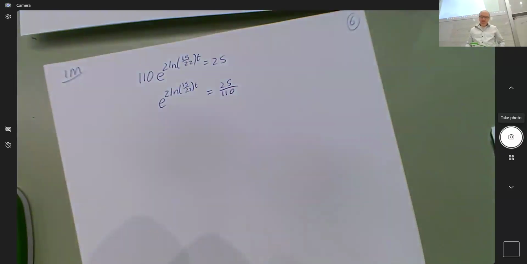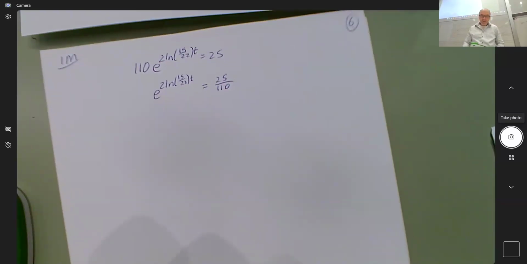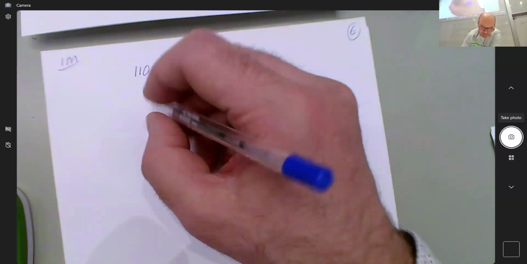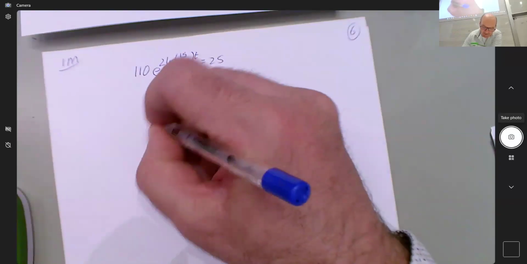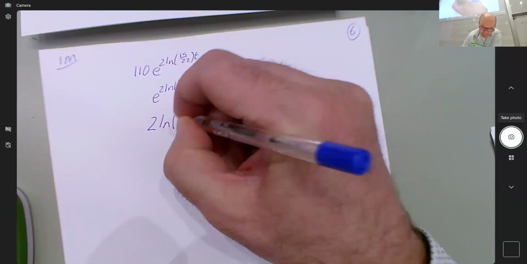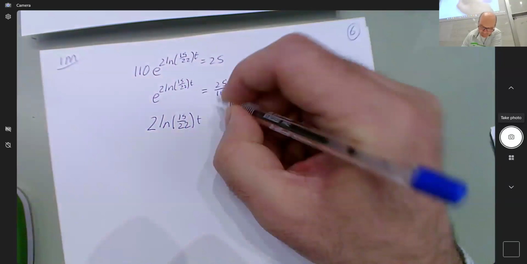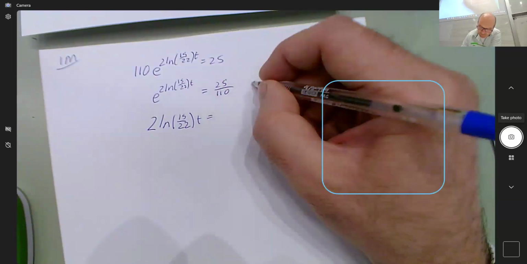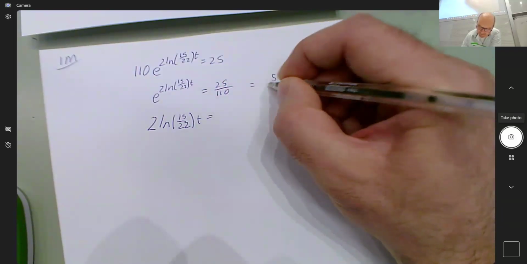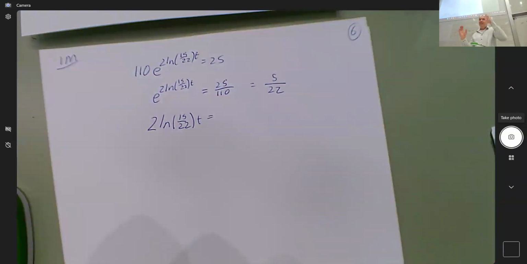Nobody is loving that. Okay. Now the thing I have to do is take the natural log of both sides. Because it's e to the ln, I'm just getting the power. 15 on 22 times t is equal to, I wanted to reduce that down to that. So again, I factorized and cancelled out common factors to make my life simpler.